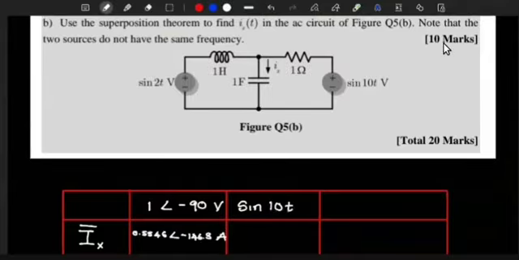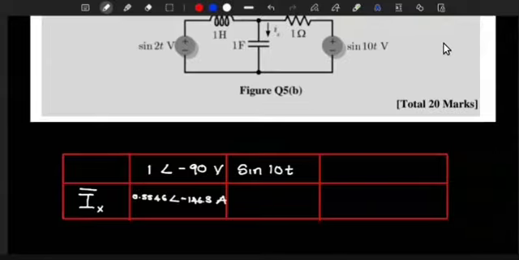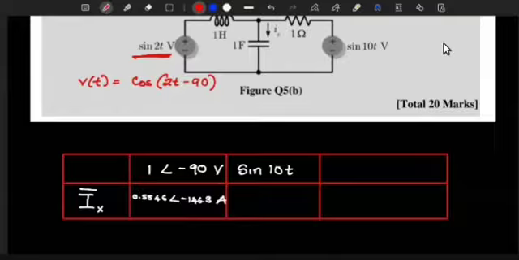In the same way, when we wanted to change this source to phasor, first we got it as a cosine function, and we saw we just added negative 90 for it to become cos. So we expect that even for this one, when we take it to cosine version, there's a high chance we just have to add minus 90 as well. You can do it step by step. You will still see that you arrive at the same expression.